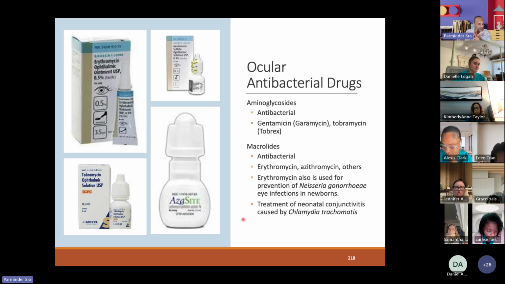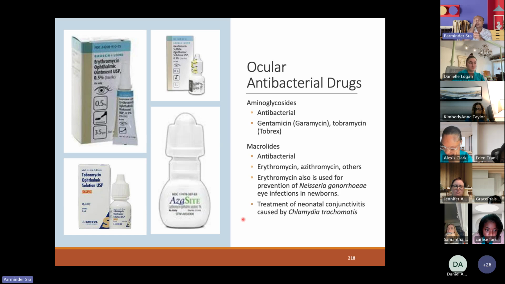Then macrolides, such as erythromycin, azithromycin. And then sulfonamides, such as sulfacetamide. And your polymyxin and bacitracin combination as well. So they are used for bacterial infections of the eye.